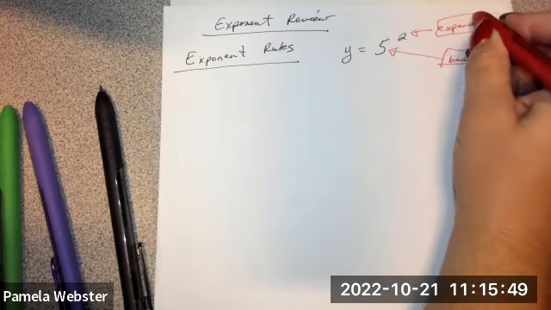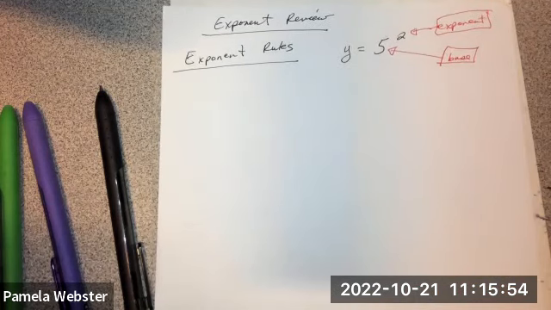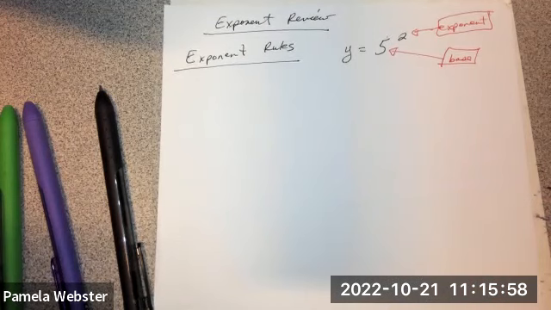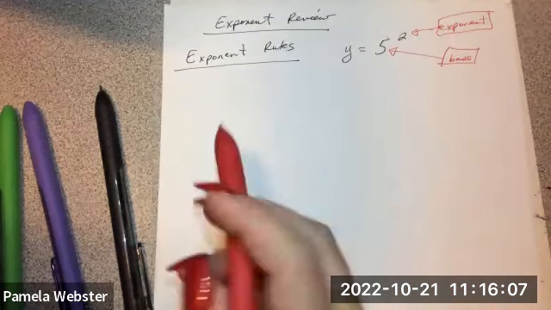It's not that it's a big number or a small number, it's that the physical size of the writing is bigger or smaller. So the 5 is the base, and the number up in the air, so to speak, is the exponent.